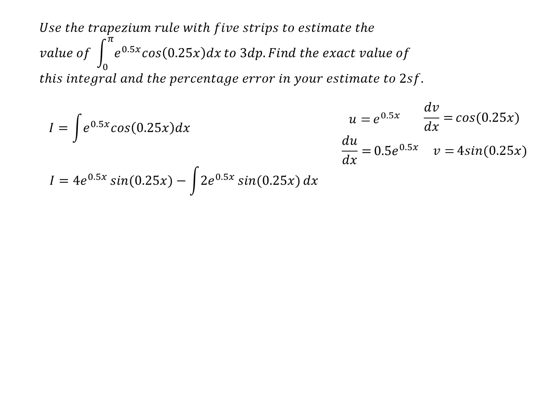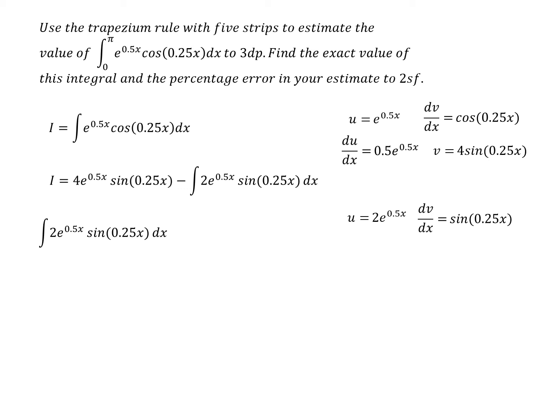So there's our uv, and then the integral of v du/dx. On the face of it, it looks as if we haven't really made much progress, because the integral that we've ended up with looks worse than the one we started with. But if we persevere and look at this integral separately, then we might succeed. The integral of 2e to the 0.5x sine 0.25x: again we've got a function multiplied by a function, so I can say one is u and one is dv/dx and use integration by parts.